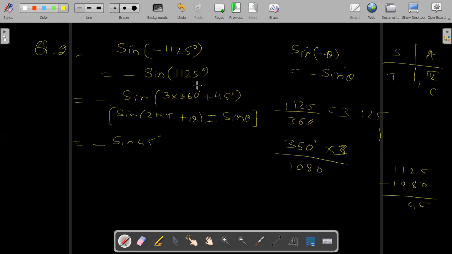I saw someone asking where it has gone. I am just telling you how to reduce it. Sometimes I see students asking about the 360 going on two times, three times. 360 plus theta first, then it will reduce to theta. We are reducing. So this will become minus sine 45 degree. Sine 45 degree is 1 by root 2. So the answer is minus 1 by root 2.